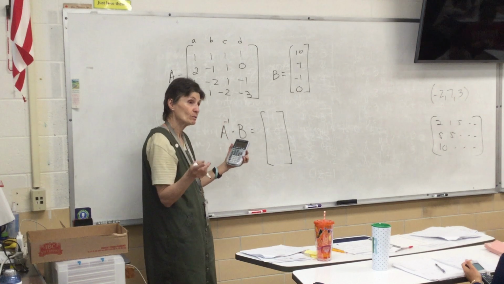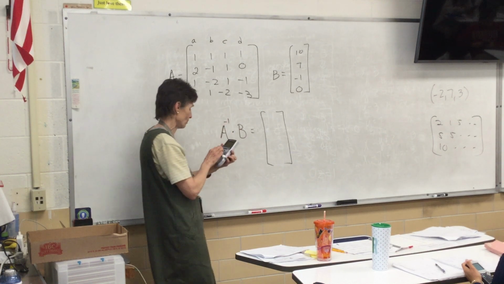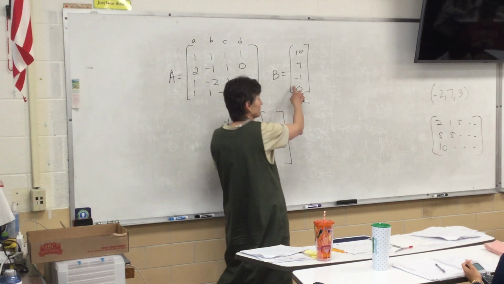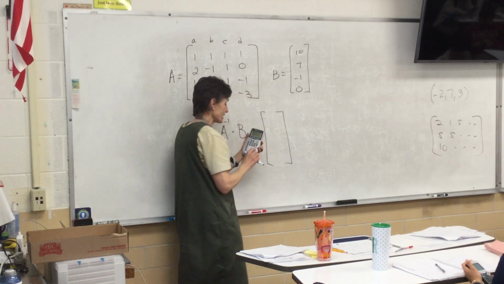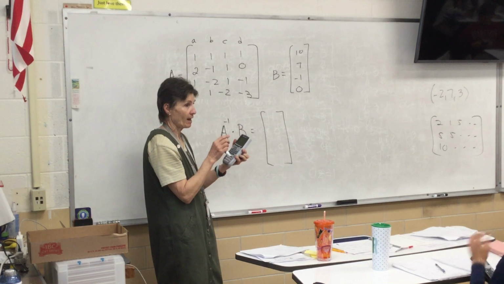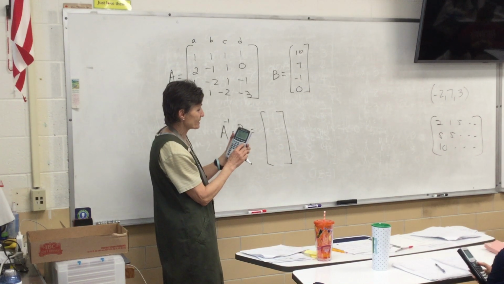So you got to go out. Now we're going to go second matrix again. We're going to go back in. Whoops, second matrix again. And we're going to put in this one. So we're going to click across to edit. But this time, be careful. Let me do this again. So we're going to click across to edit.